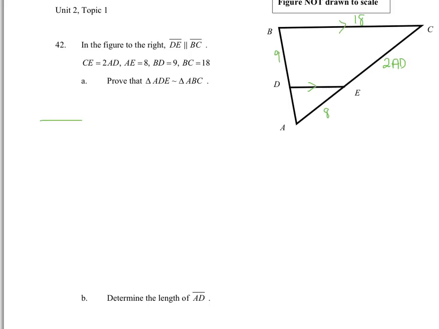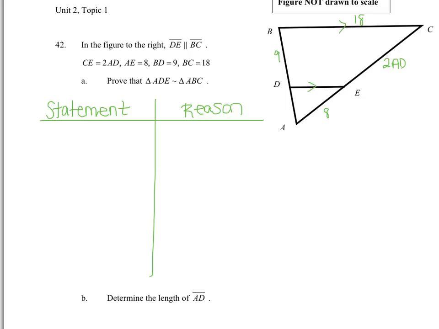The first thing, I'm going to set up a two-column proof, so I'm going to have my statement and my reason. The first thing I'm going to put is that DE is parallel to BC, and my reason for that is because it's given.